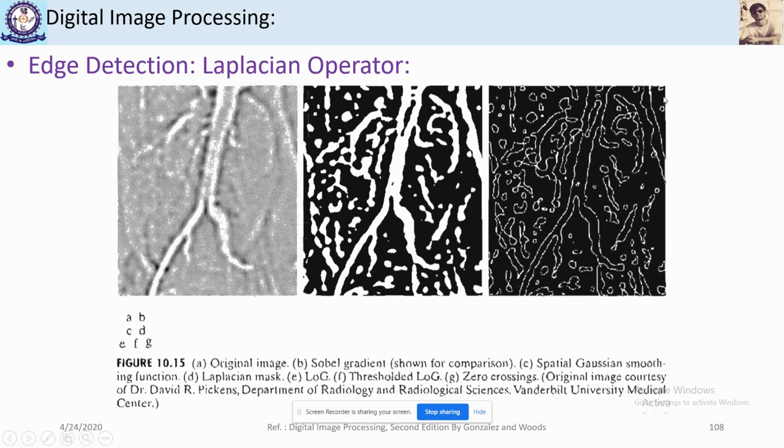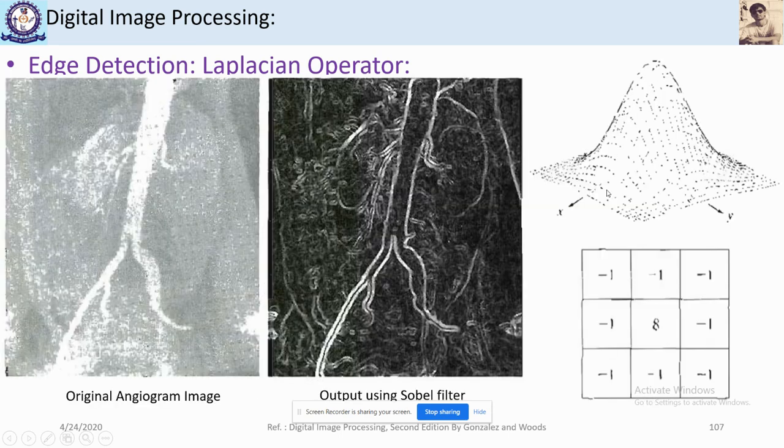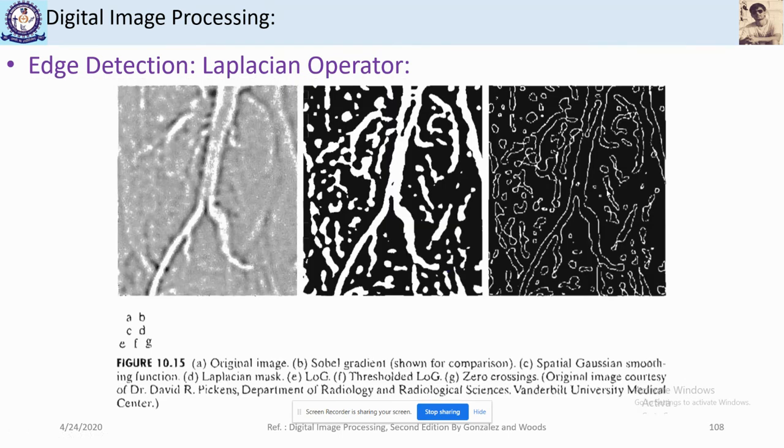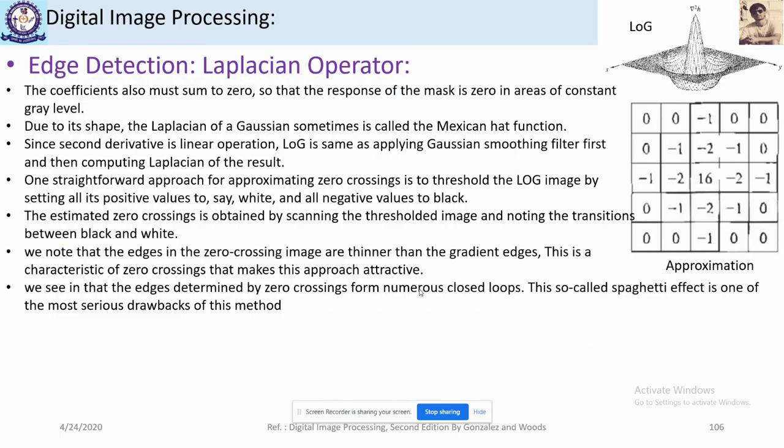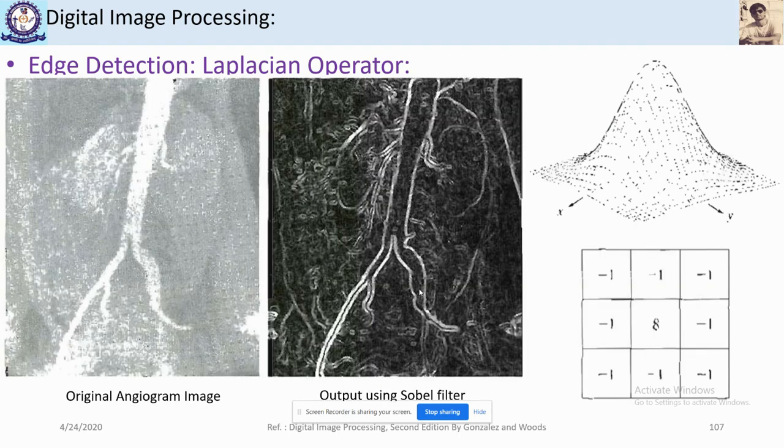All are closed loops which we get in this output. So this is called the spaghetti effect which we get in zero crossings. This is the limitation of this LOG or zero crossing method of detecting edges. So that is why gradient filters are still mostly used in edge detection.